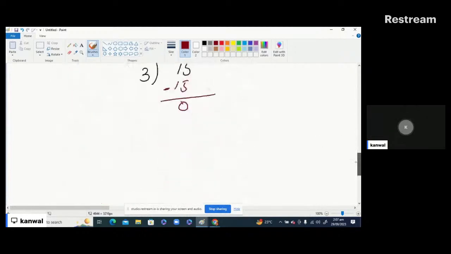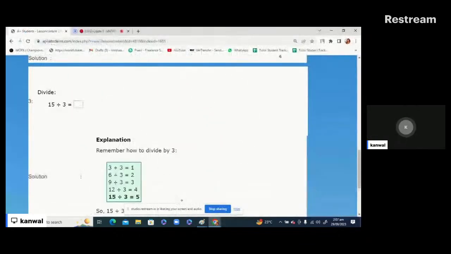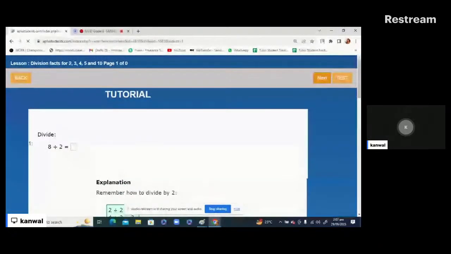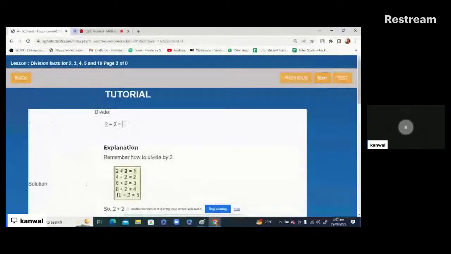All right then. Let's solve one more. This is a simple one, that is 2 divided over 2.